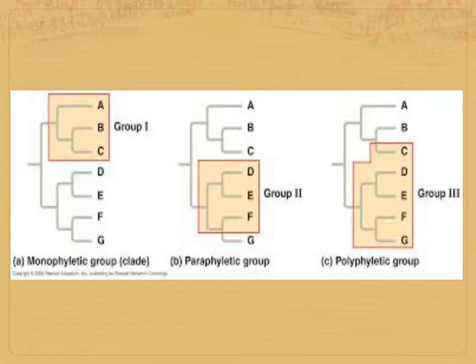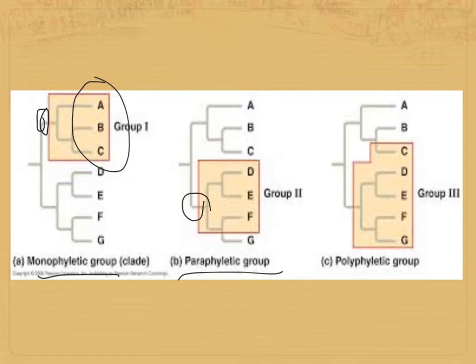Okay, so in this first one, the monophyletic, we've got the ancestor here and all of its descendants. Okay, so that would be monophyletic. In the paraphyletic, we've got the ancestor here and some, D, E, and F, but not all, G is excluded, of its descendants.